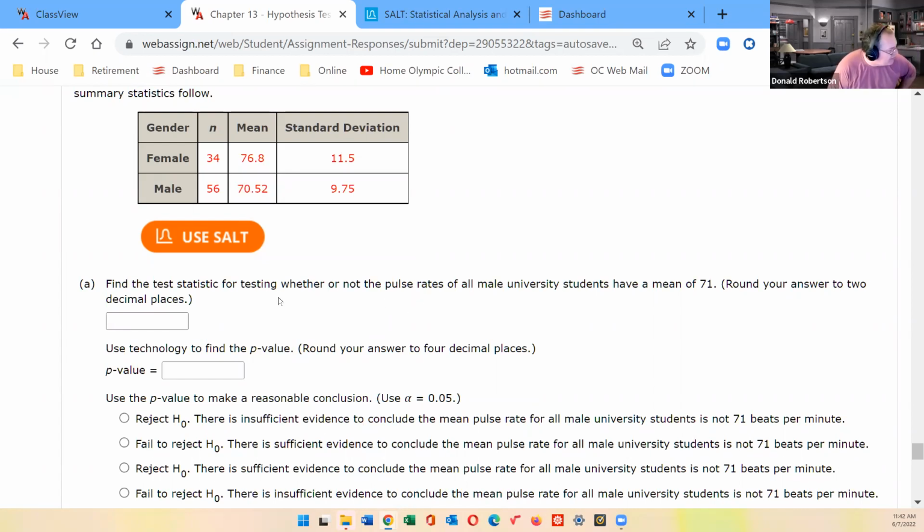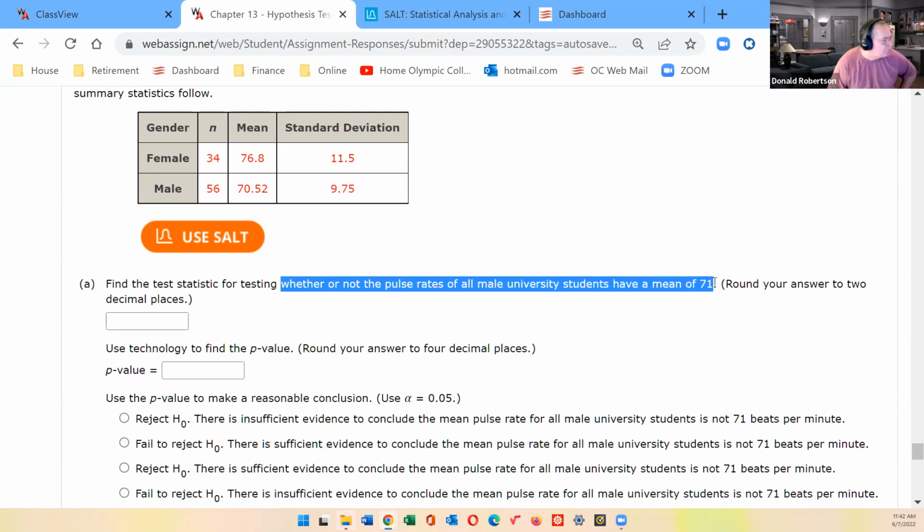And this phrase here is important: whether or not it's 71. What do you think the alternate hypothesis is if you want to test whether or not it's 71? That's a funny way of saying it, but what is it? Is it bigger than 71? Is it less than 71?